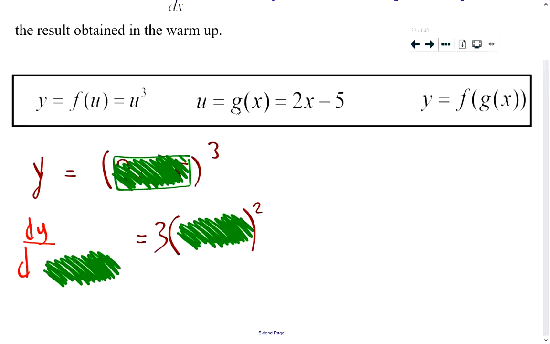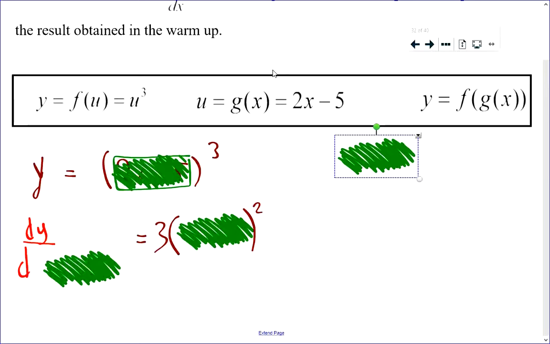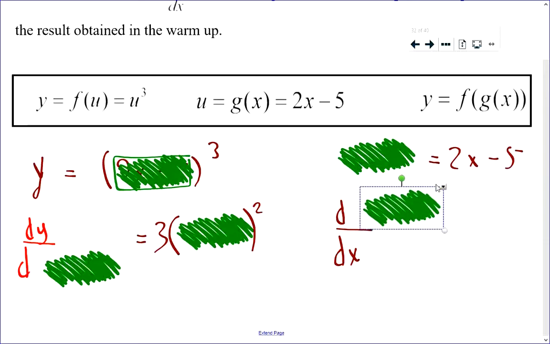One more point. Do you agree that this is 2x minus 5? So if I said find d/dx of this, I don't think there's anybody in the room here that doesn't know this is equal to 2, right?